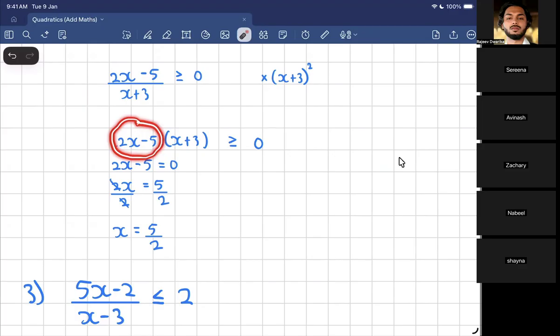Nabil, you had put 2x minus 5 equal to what? 0. Right, so you solved for the value of x that would give you 0. So when I plug x is equal to 5 over 2 into this, what will I make that bracket? 0. Yep, 0, because remember, 0 by anything is 0.